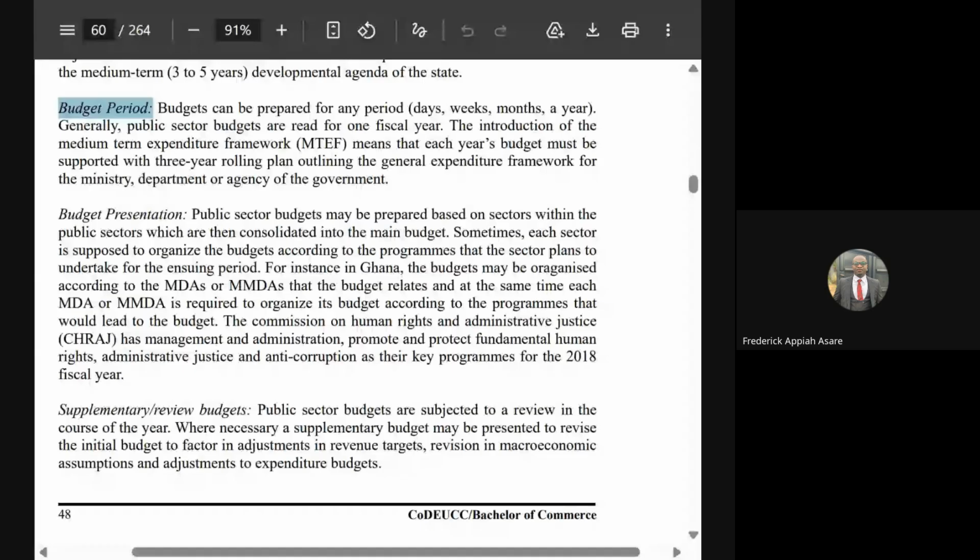Budget presentation also: the public sector budget may be prepared based on sectors within the public sector, which are then consolidated into the main budget. So the budget must also consider the sectors that you are preparing the budget for, whether it's for the MMDAs or all covered entities.